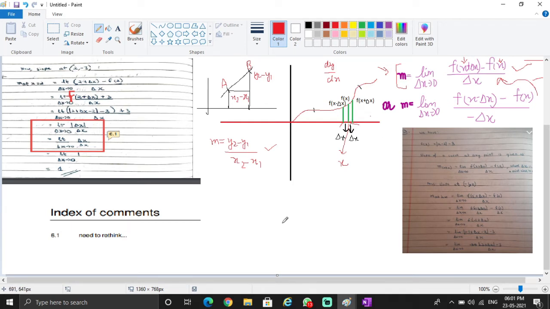So here we had a question: f of x equals modulus of (x minus 2), minus 3, and we have to find the slope at the point (minus 1, 0). So at this point, what is the slope?